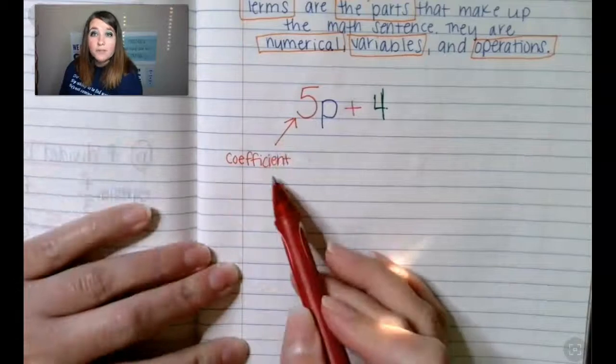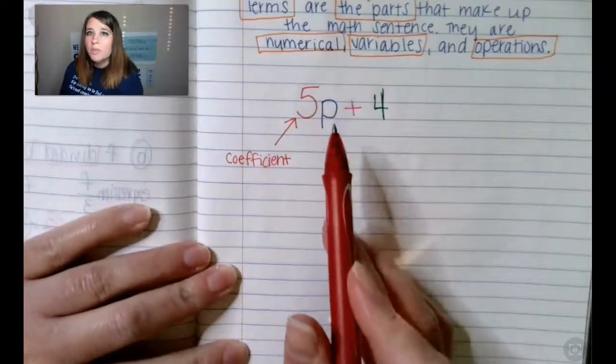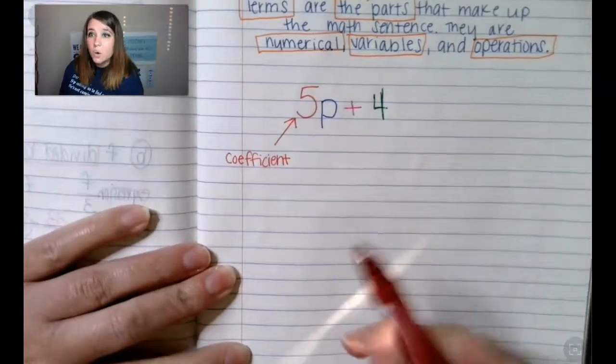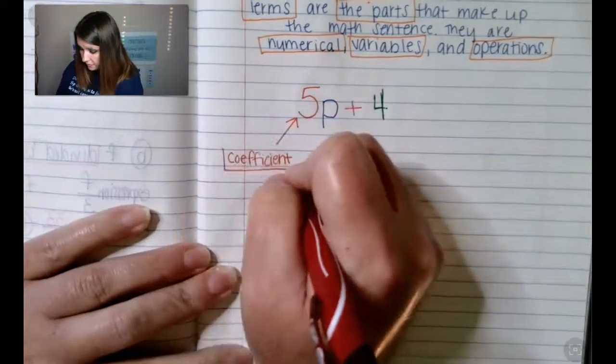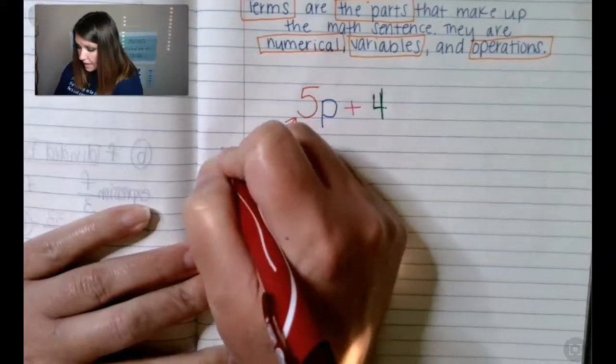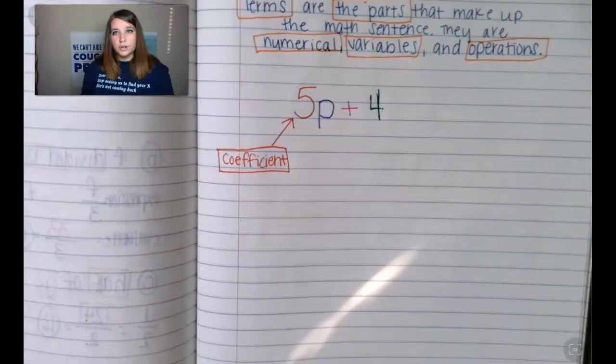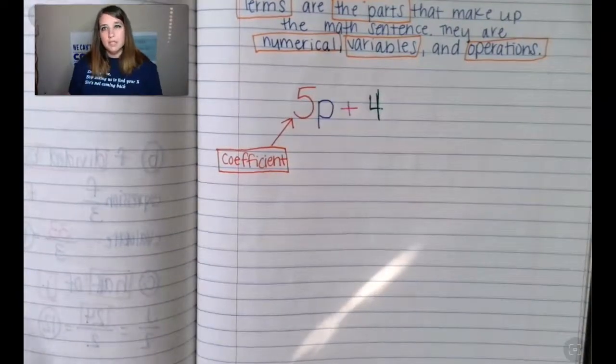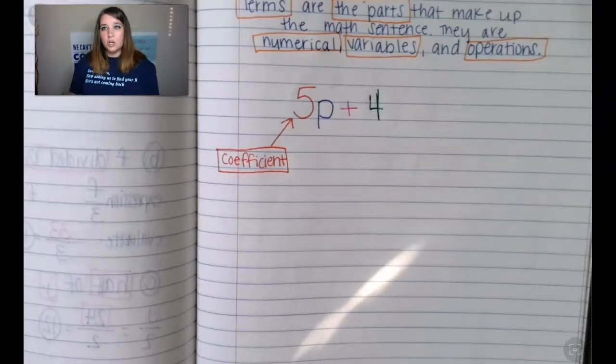A coefficient cannot do its job without a letter. So a coefficient is like a co-worker. It needs somebody to work with it. So the 5 is a coefficient. It cannot do its job without having a partner.